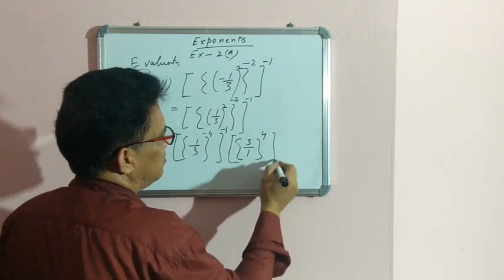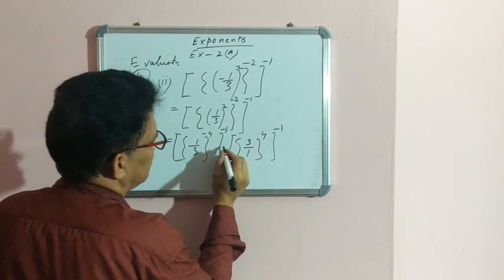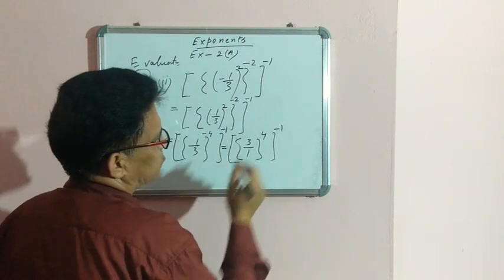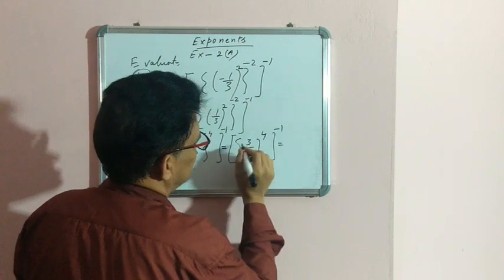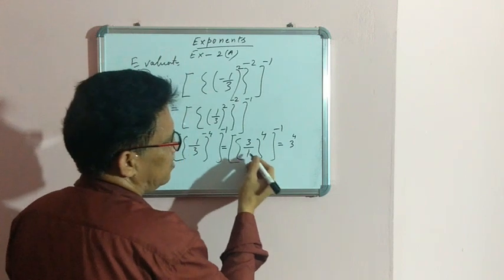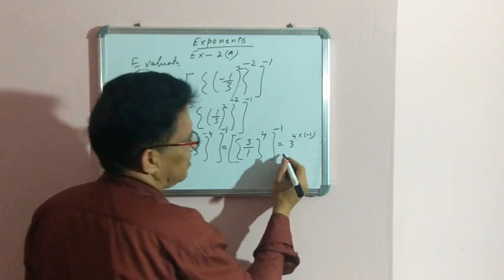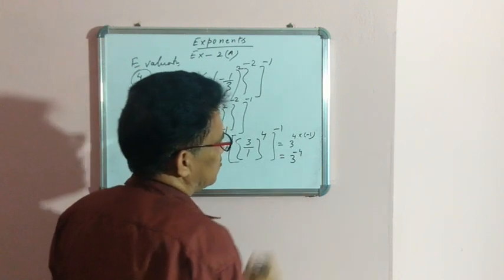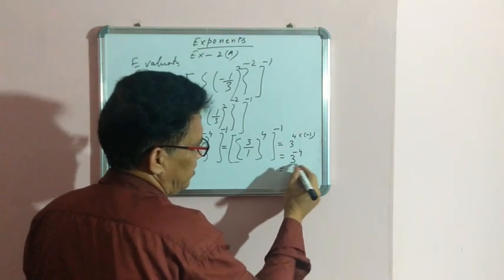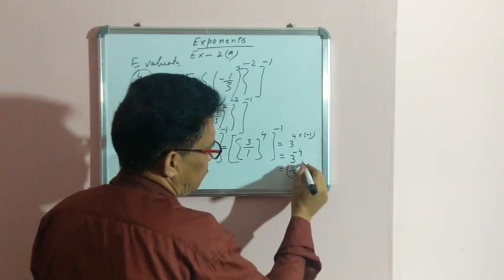Now whole power minus 1: 3 by 1 power 4 into minus 1, we can write as 3 power 4 into minus 1. So you are getting 3 power minus 4. Now you can write this as 1 by 3 power 4.